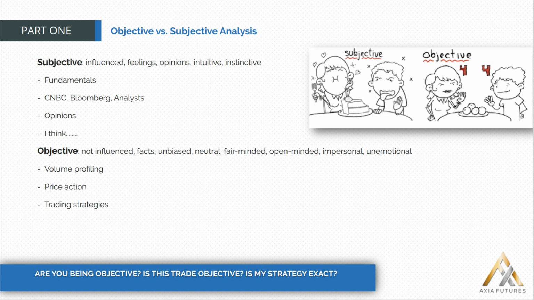Now, as we can see from the funny little picture, whilst it's simple, it's highly effective. The wonderful boyfriend and girlfriend are sitting down, eating a piece of cake. The boy is looking at the cake thinking, oh, my girlfriend can't cook or bake at all. And he's thinking, well, her food's not very good and this cake's going to be terrible. So we can see that he's got an opinion, a preconceived idea of what it would be like.